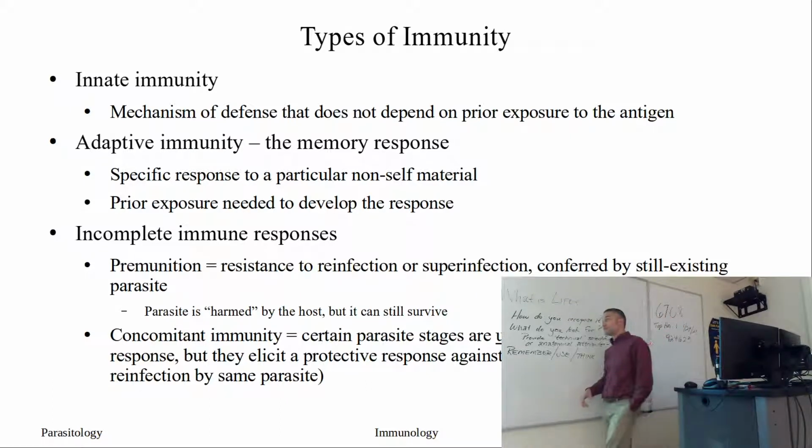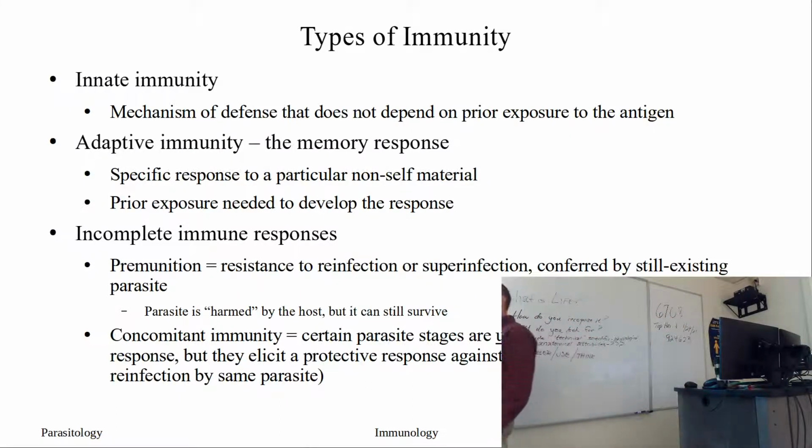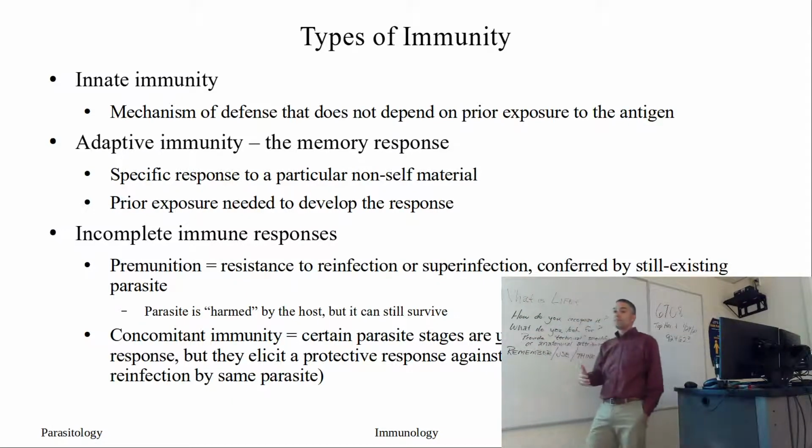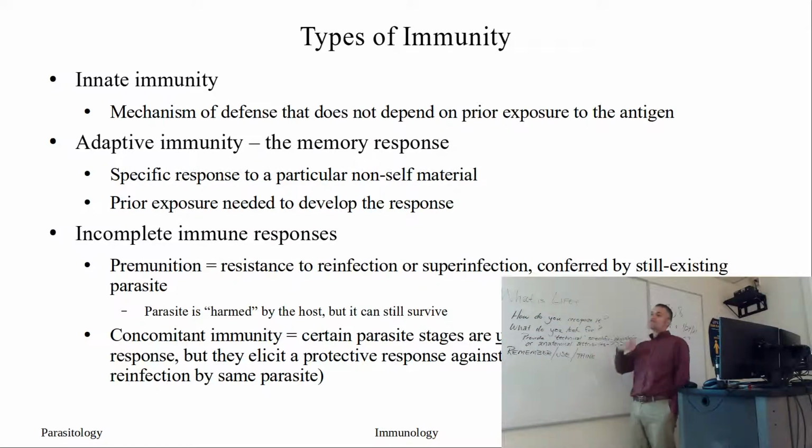And what's important about this one is that our parasite is harmed. The immune system is being successful against that parasite, but the parasite is replicating, either faster than the host is removing them, or at the same rate as they're being removed, so that infection persists, but any new infection is stopped.